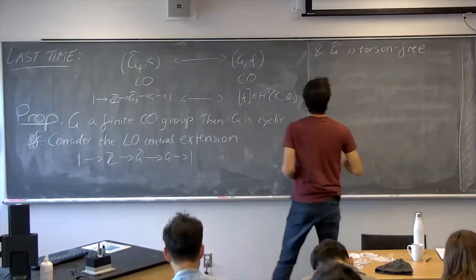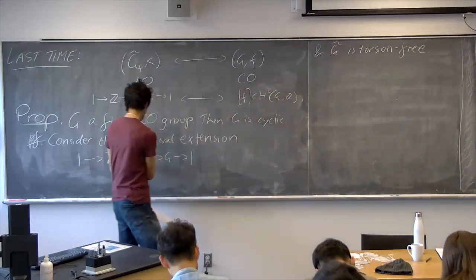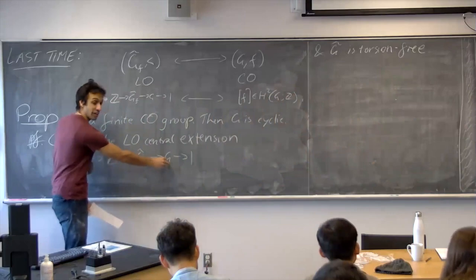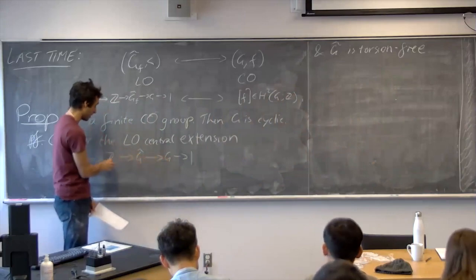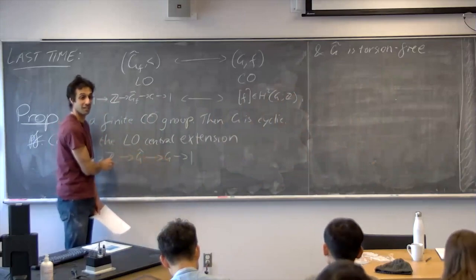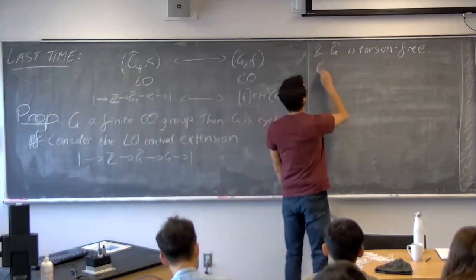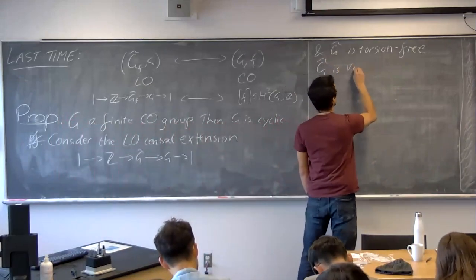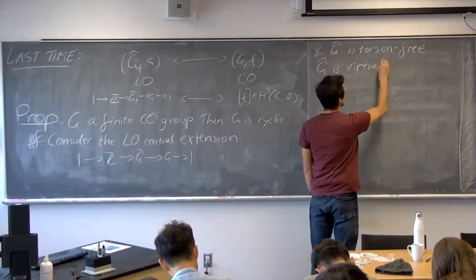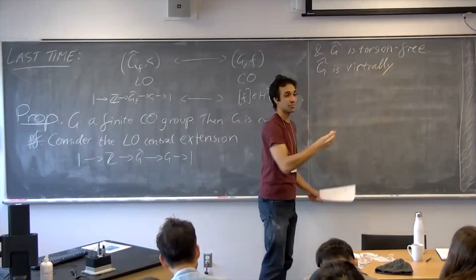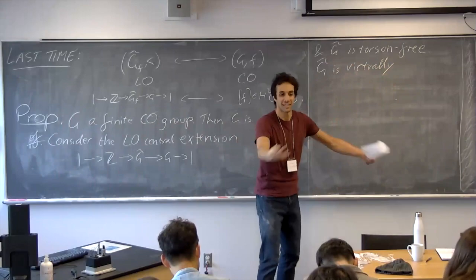Since G is finite, G tilde has a finite index subgroup, which is Z. So G tilde is virtually cyclic. If you haven't seen virtually before, virtually just means it has a finite index subgroup that satisfies something.